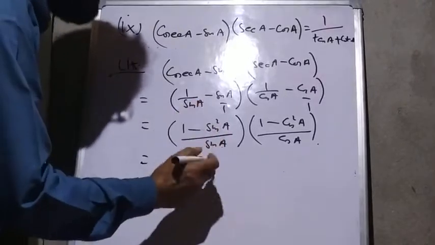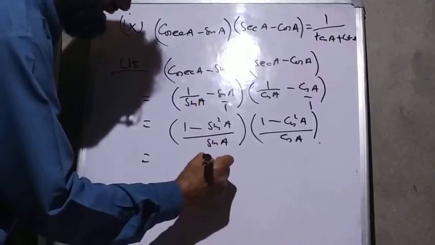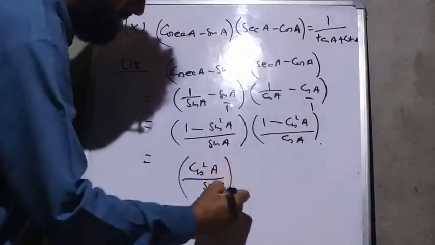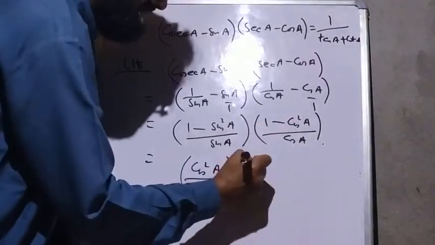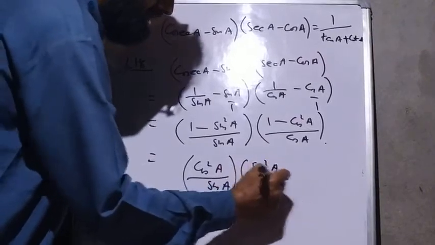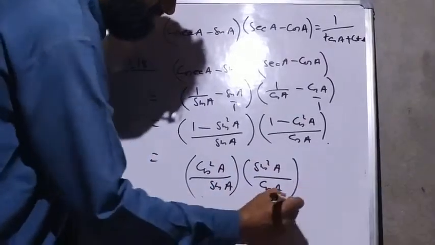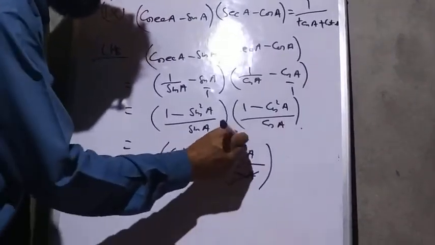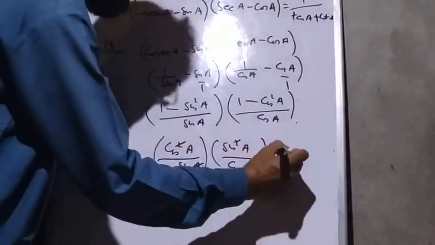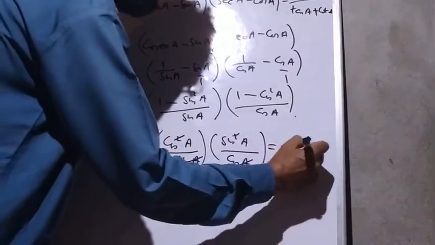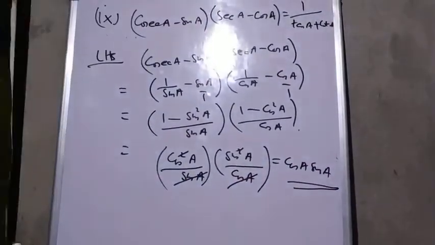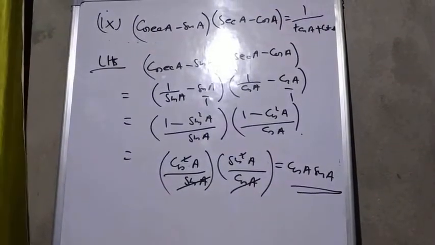So for 1 minus sin squared we write here cos squared A divided by sin A, into, and 1 minus cos squared A is sin squared A divided by cos A. Now cos A and 1 cos A will go, sin A and 1 sin A will go. We are left with cos A sin A.